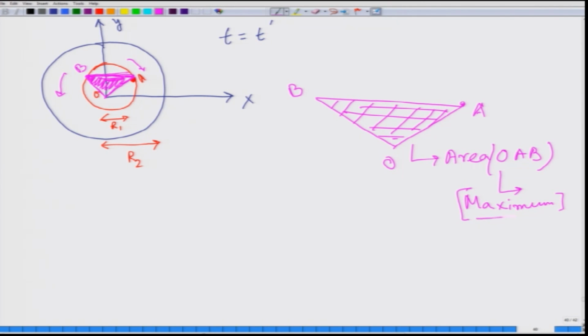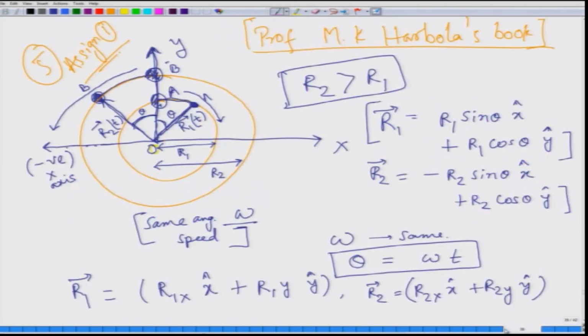Let us first write the expression for area OAB. So what would be OAB? Area of OAB is half the magnitude of the cross product of vector R1 and vector R2. If you see from what we have drawn before, this is the R1 vector and this is the R2 vector.